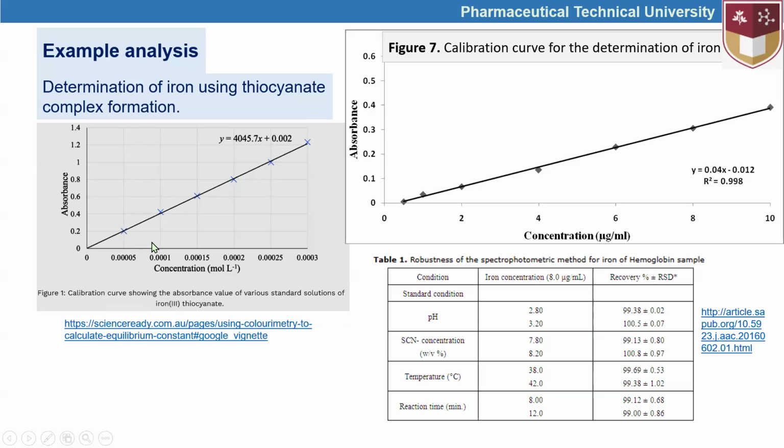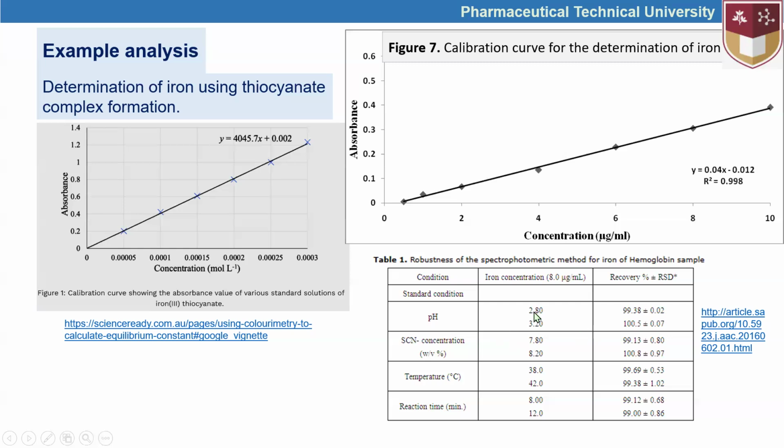And the ask weight level is also very high, almost very close to the required levels of ask weight for HPLC analysis. And here we can see that the calibration curve can be affected by different pH.